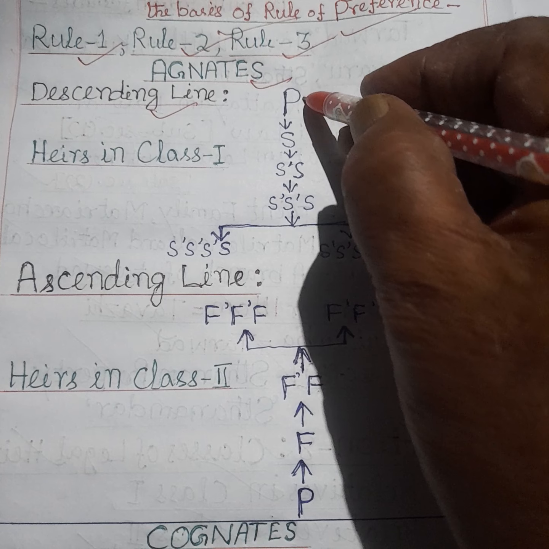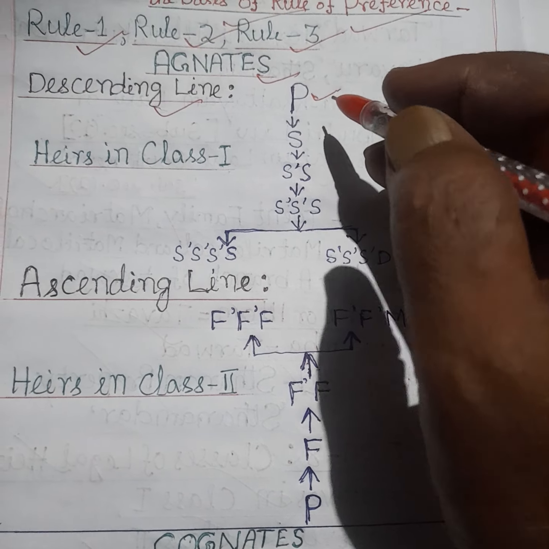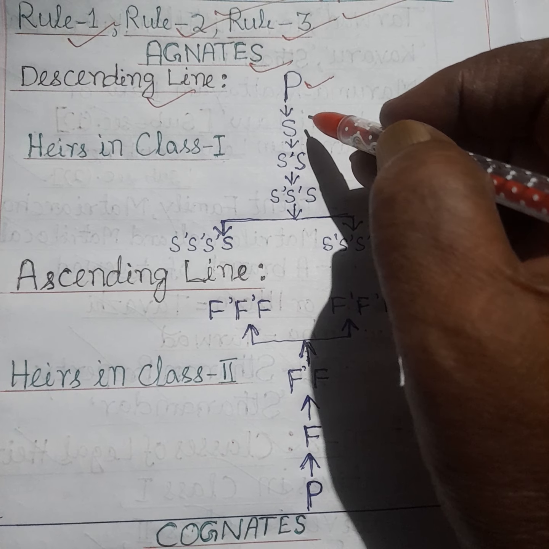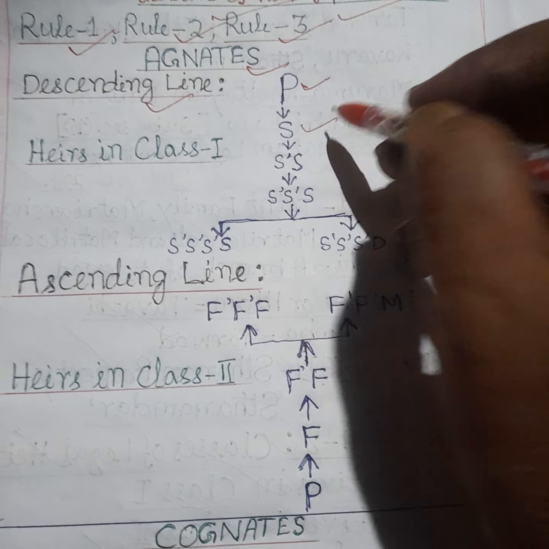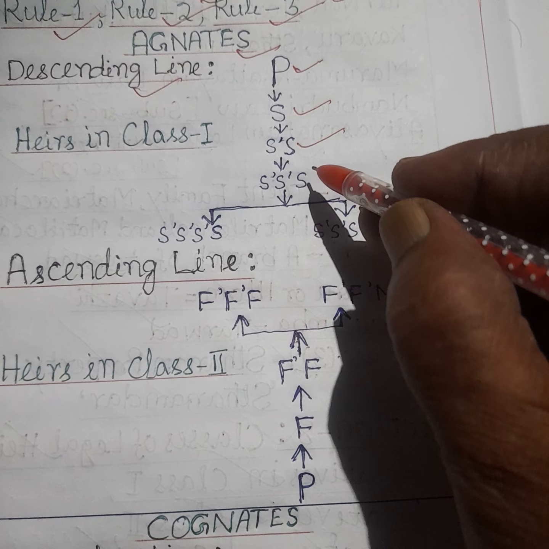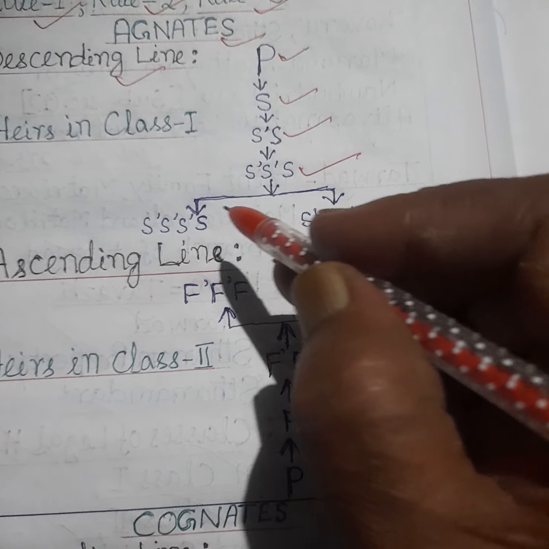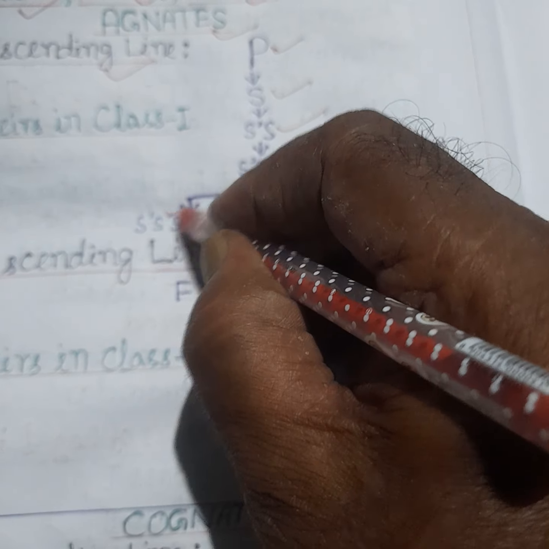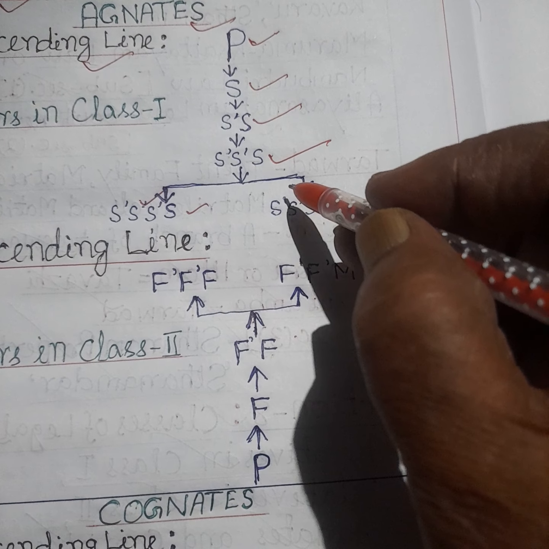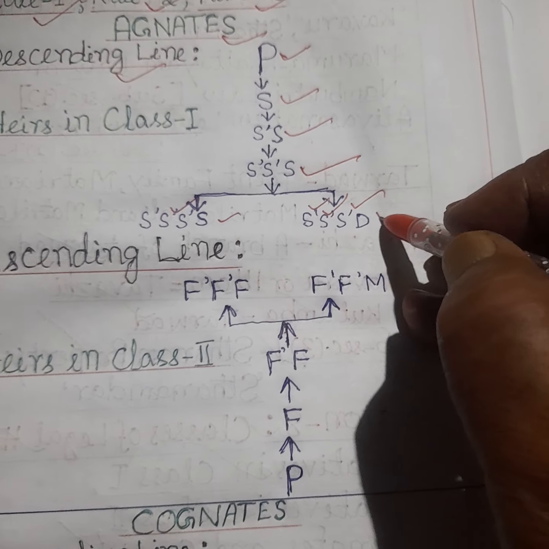Suppose the deceased has intestate property, then in the descending line it devolves to his son, then to his son's son, then to his son's son's son, and there it bifurcates to son's son's son's son, and another part, son's son's son's daughter.